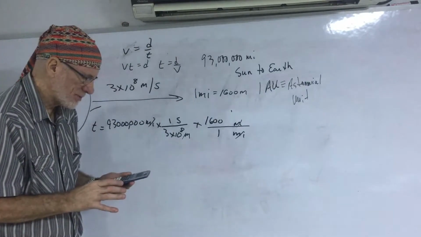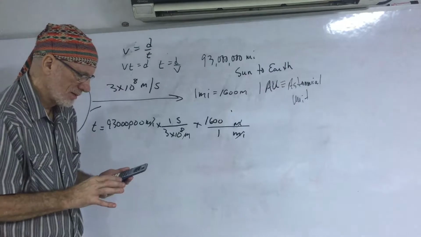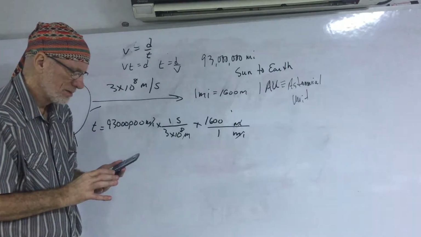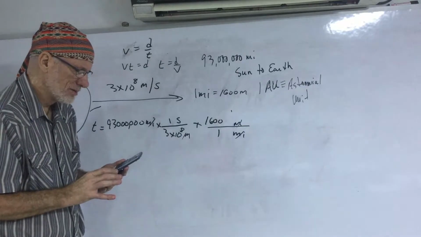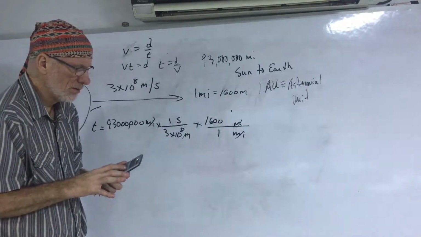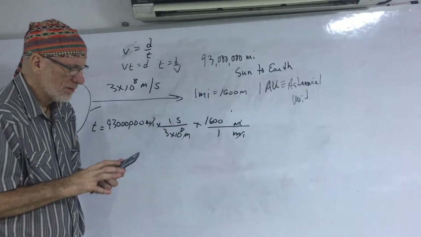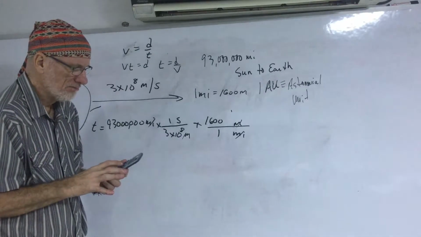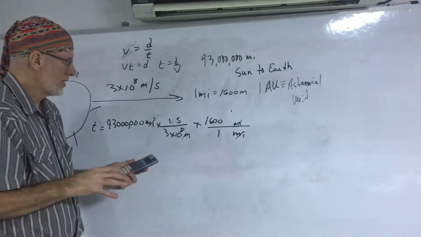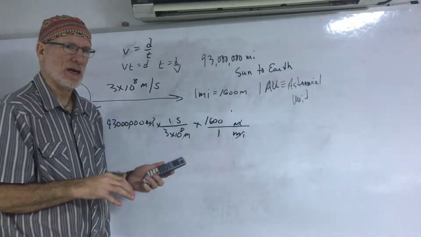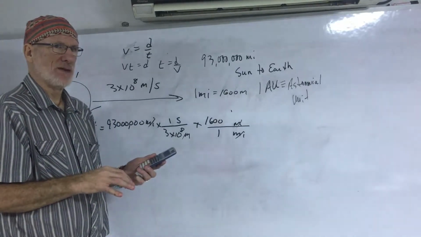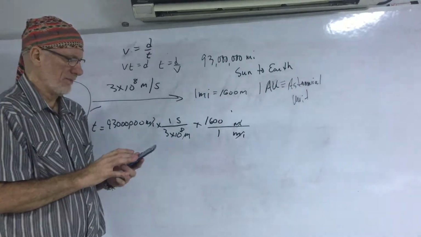How do you do your exponents on this calculator? I don't see exponents. I have no idea. So that's going to be 3 times 10 to the 8th, which will be 300 million, right?